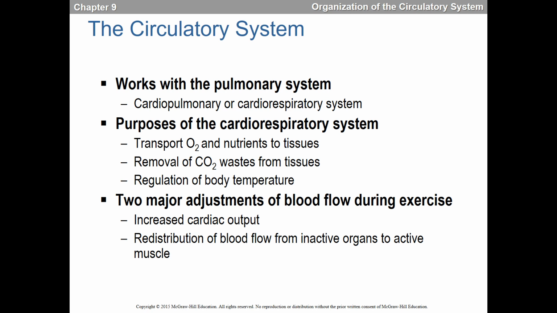But here is a really main point that I want us to know, which is the purposes of the cardiorespiratory system. I think that this first part is somewhat obvious: transport of oxygen and nutrients to tissues. Also removal of waste products, CO2 being in particular one of the most important ones. Lastly, regulation of body temperature.